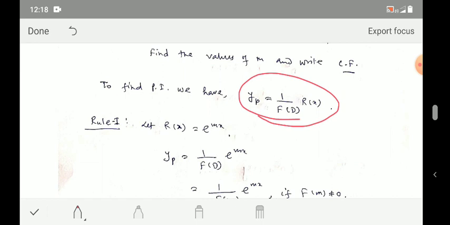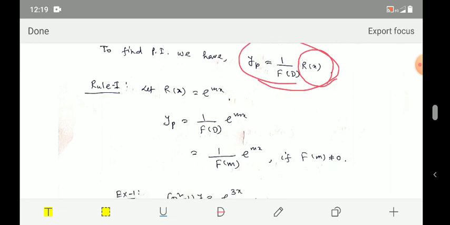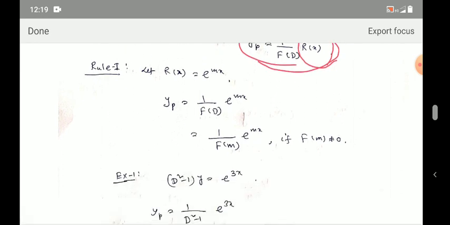Now for different types of functions R(x), we use different rules. There is no common rule that we can use for every function, but there are different rules which are very simple. For the first case, let R(x) = e^(mx).